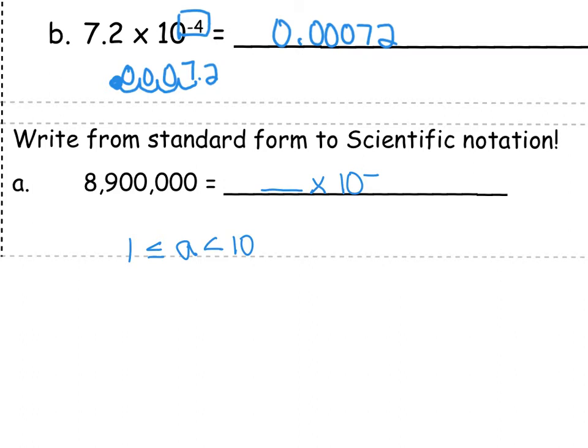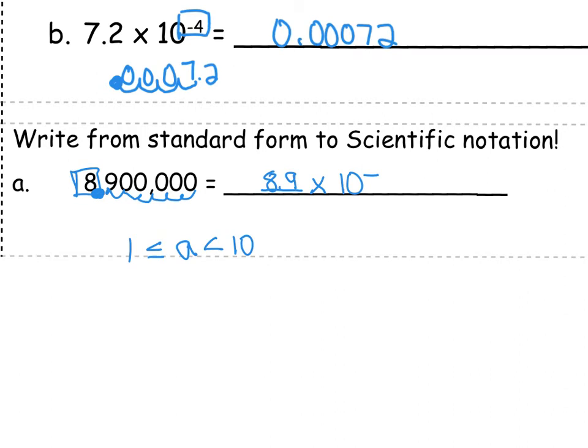So you're going to move the decimal to where there is only one digit in front of the decimal. So here we can keep moving and I'll go back and count, but here's where we would have to stop because we only want one digit in front of the decimal. So we know it's going to be 8.9 times 10 to the something.